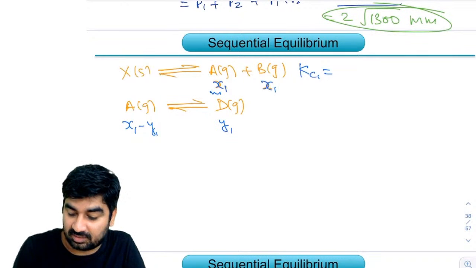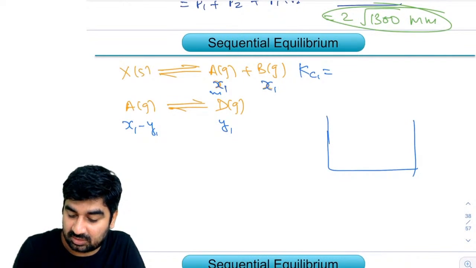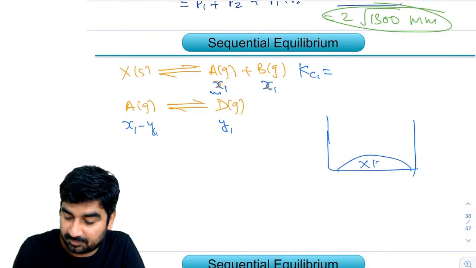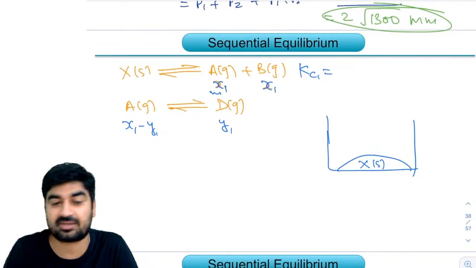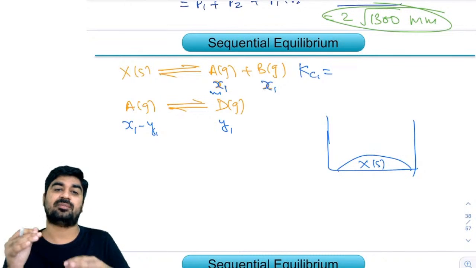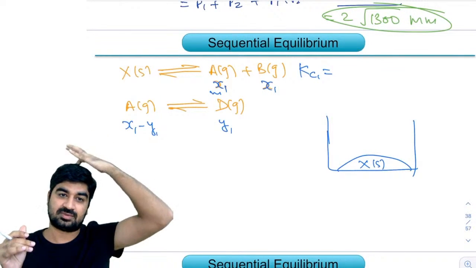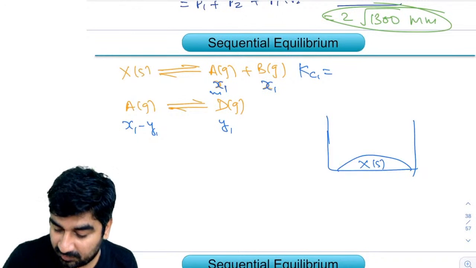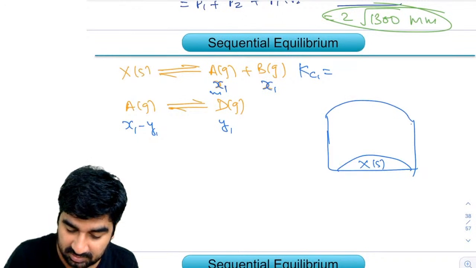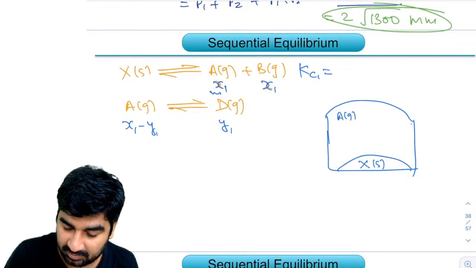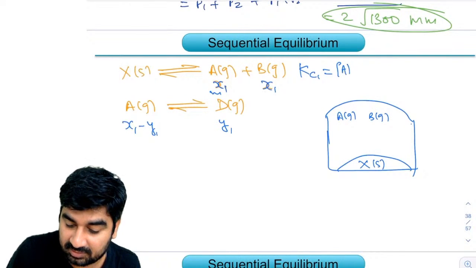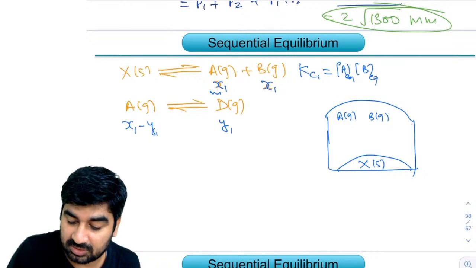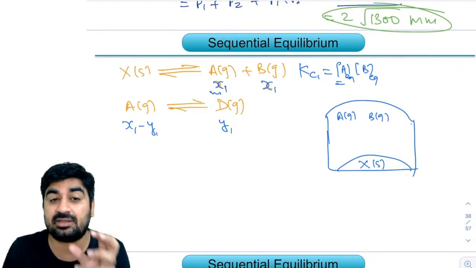So in the container, if this reaction is going on where we have X solid, parallel reactions take place side by side, and sequential means one after another. Sequence. So if I'm saying X solid is giving you A gas, B gas, then when I'm writing A gas and B gas, it will be the concentration of A present in the mixture.